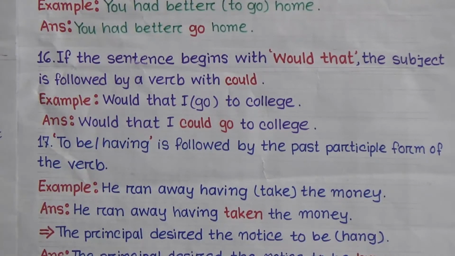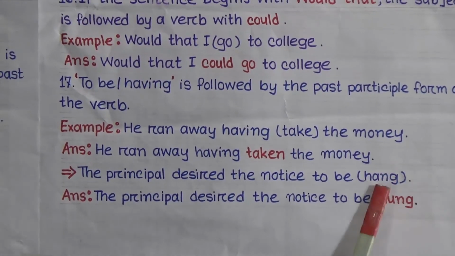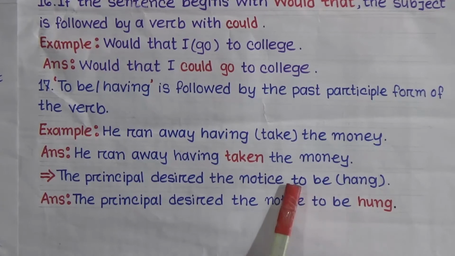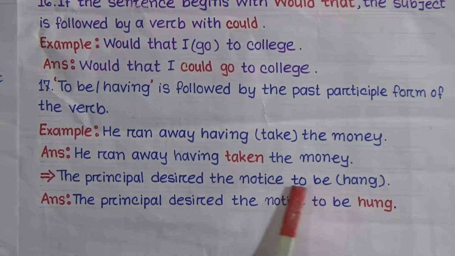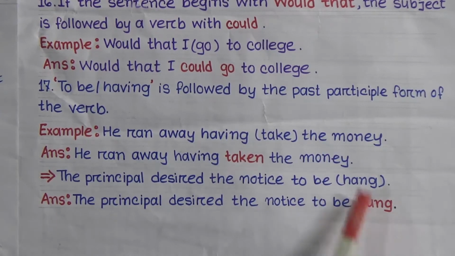And in the next example, the principal desired the notice to be (hang). You find to be, and our rule was to be or having. So according to the rule, we have to identify to be. If we find to be, then we have to use the past participle form of the verb. So hang will be hung.